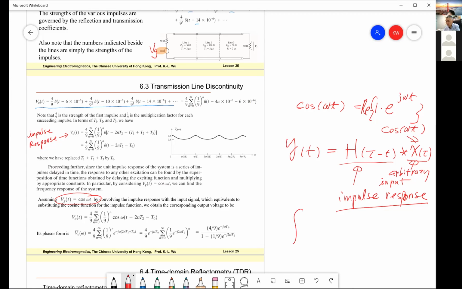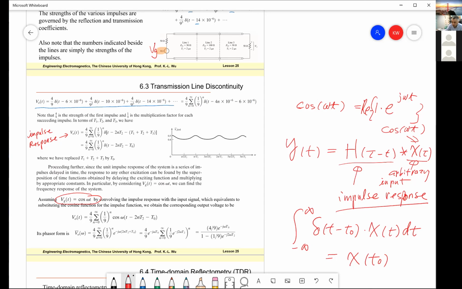If you have an integration, if you have a delta function multiplied by any function, this equals, we call it the sampling principle.